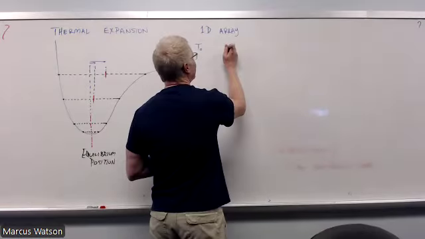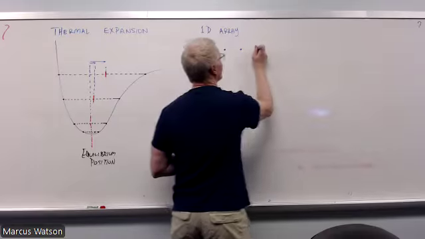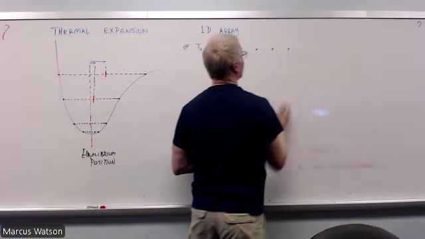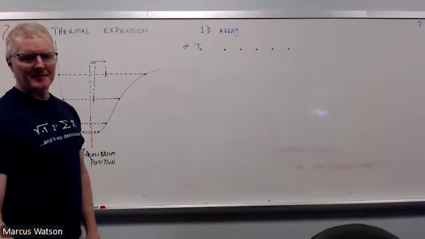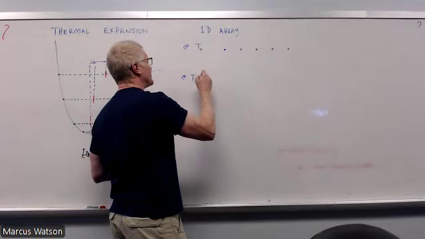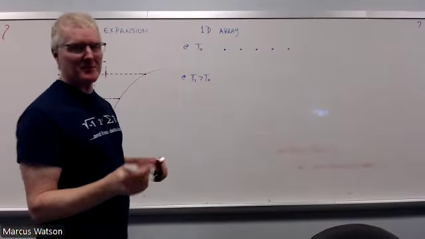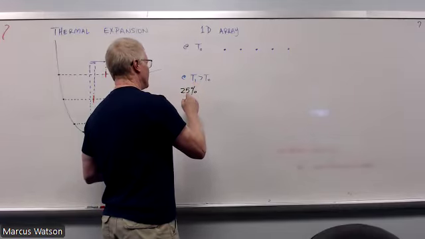And I'm going to draw the spacing of these things to be something like this. Okay, a five atom array. Now I'm going to move to temperature T1, which is greater than T0, and I'm going to say the whole thing has expanded by 25%, whatever it is. So let's just say there's a 25% increase.